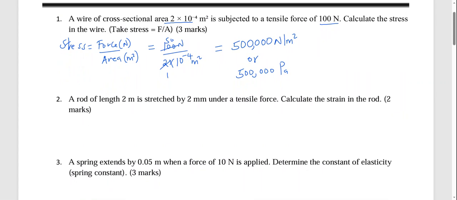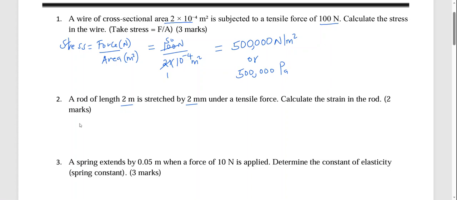A rod of length 2 meter is stretched 2 millimeters under tensile force. Calculate the strain. I've said strain is the ratio of change in length to the original length of an object.